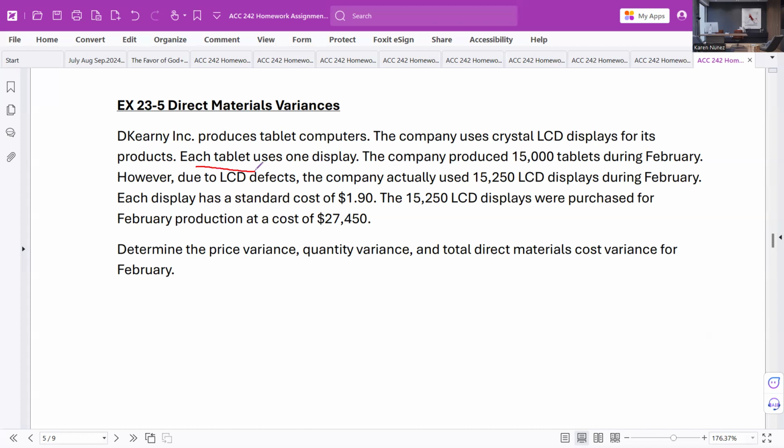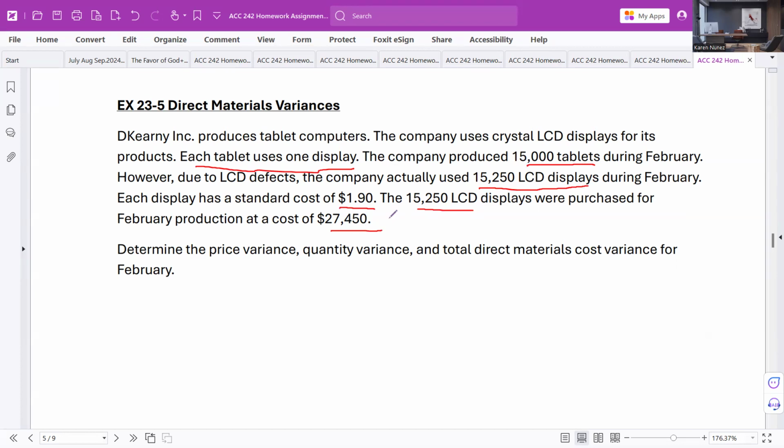Each tablet uses one display. That's standard, right? So each unit requires only one display. And then they produce 15,000 of these things, and they only used 15,250 displays. Each one has a standard cost of 190, and they purchased 15,250 at a cost of 27,450.